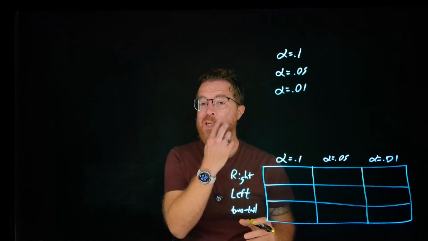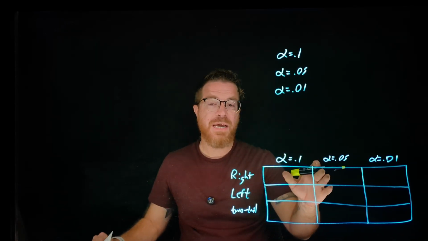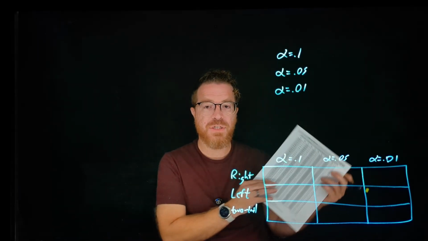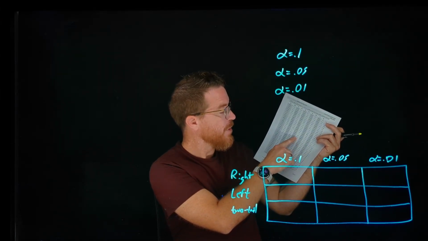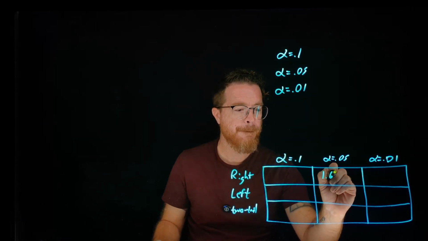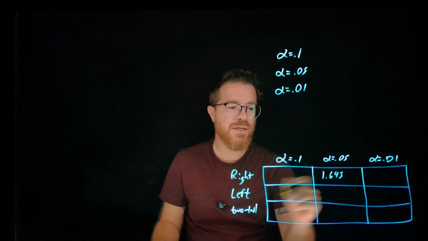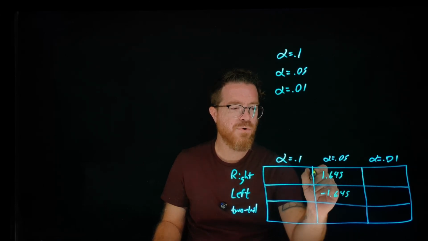We already looked at what our critical value was for a right-tailed test when we had an alpha of 0.05. We looked at what would have 0.95 of the data to the left, which we said was equal to 1.645, which means that our left-tailed test would be negative 1.645. And these are for our z values.